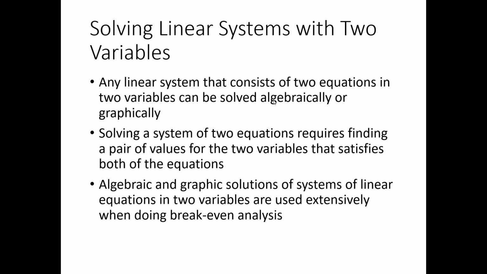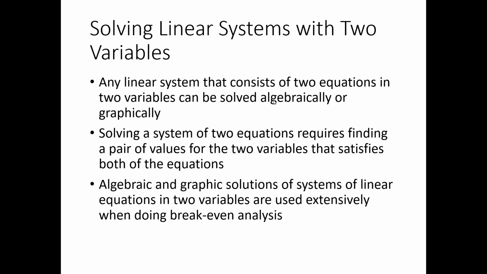And when you read that second bullet, solving a system of two equations requires finding a pair of values for the two variables that satisfies both, and you go, okay, that's nice. But really all it means is, where do the lines cross? Boom, intersection point. That's it, right?